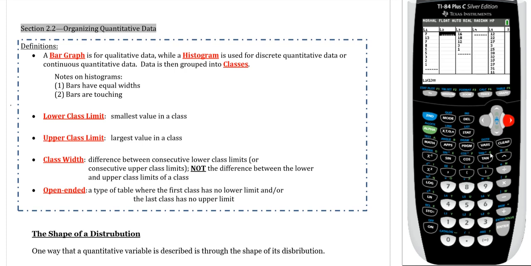Now, if you happen to have anything in your lists, like for example, I'll just put in a couple numbers here. If you have a couple numbers in the list, what you can do is go to each of them and clear them out. Or what I recommend doing is going to the top, scrolling to the top until you see that you have whatever list you want highlighted.